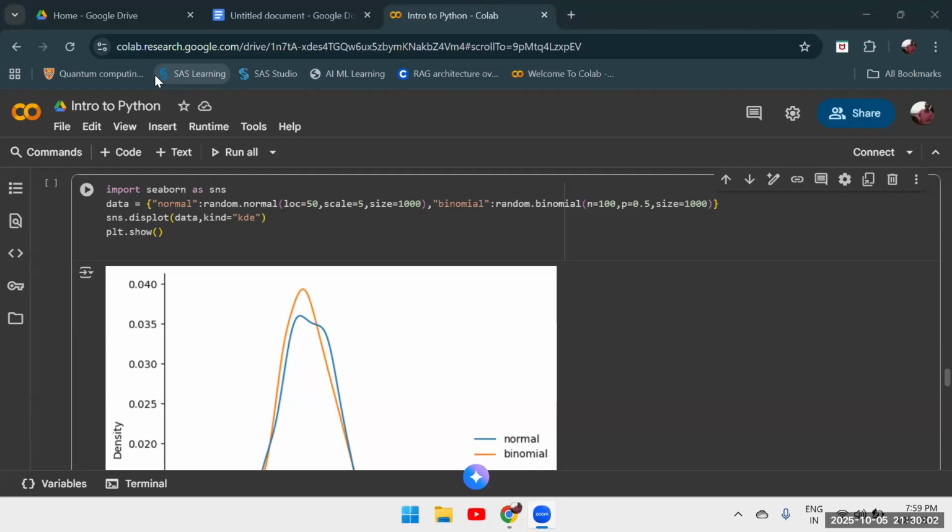I can assume it to be satisfaction scores, the male and female population, or heads or tails. These kinds of discrete things come under binomial. Whenever the values are continuous and placed closely to each other, that becomes a normal distribution.